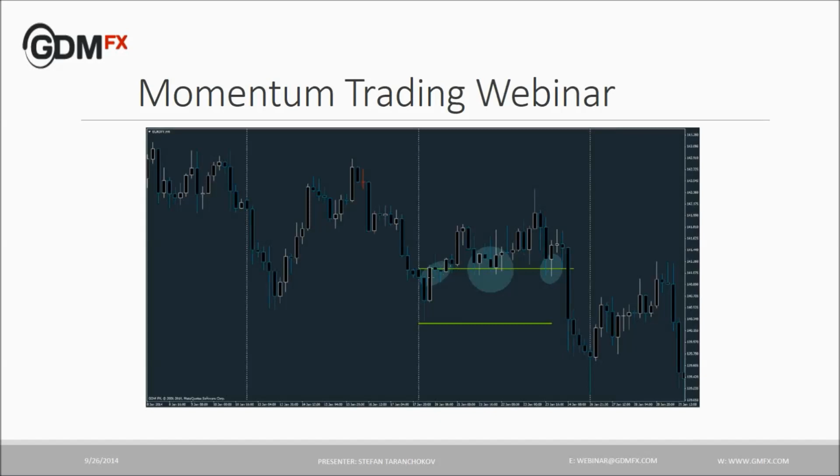A breakout is simply the price breaking either in the upward or downward direction from the range. On this chart, you can see that this was actually a false breakout. The price went up a little bit, but it didn't manage to sustain the movement, and eventually it went back down.